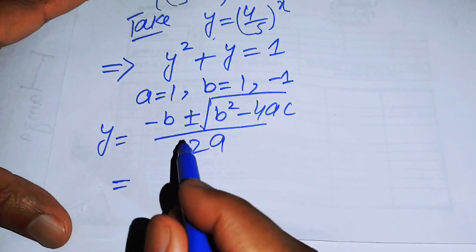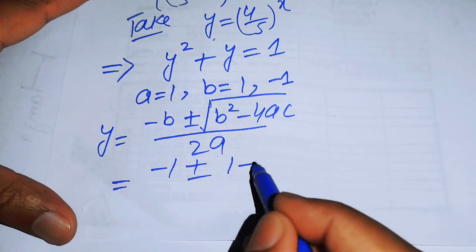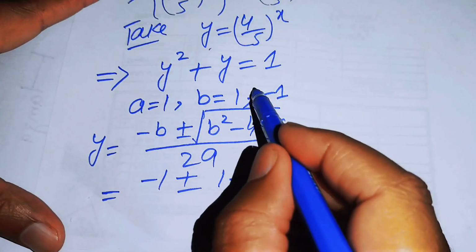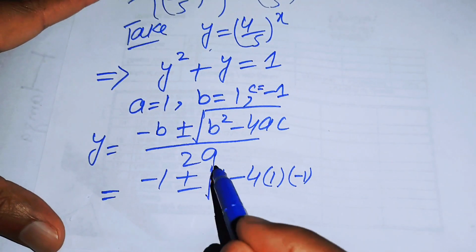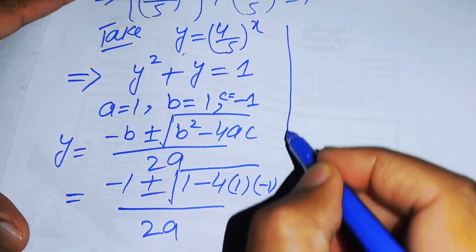Now we can put the values of a, b and c here, so it will become minus 1 plus minus square root of 1 minus 4 times 1 into minus 1. After that we will get the roots.